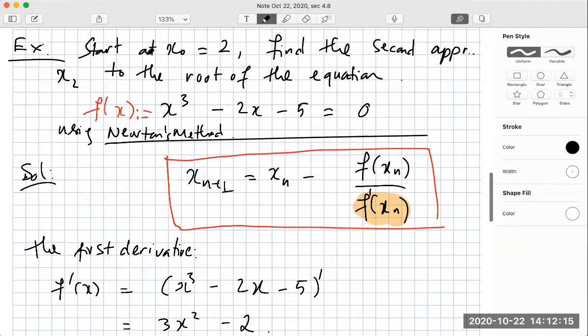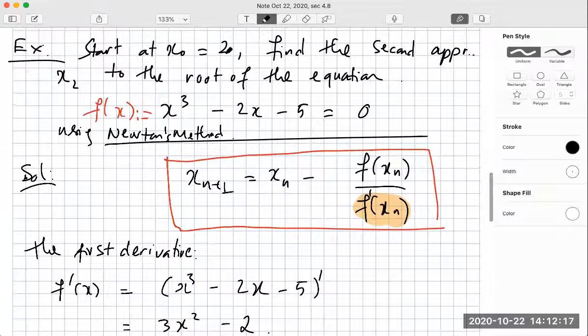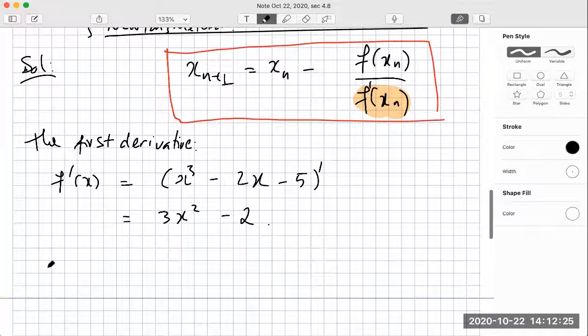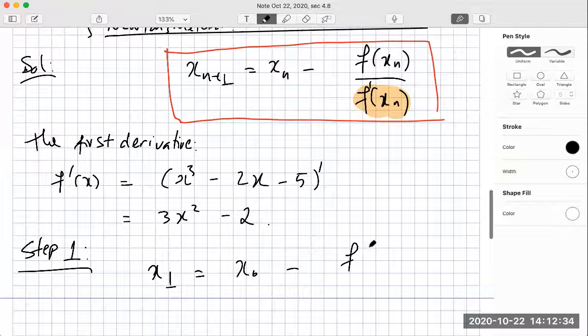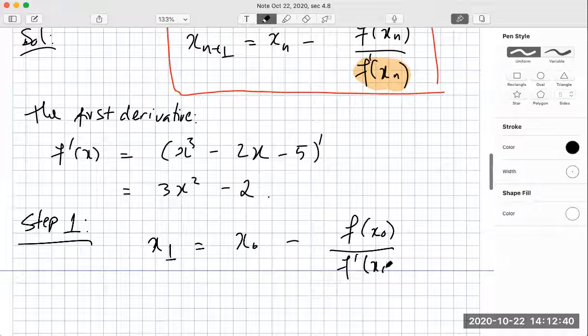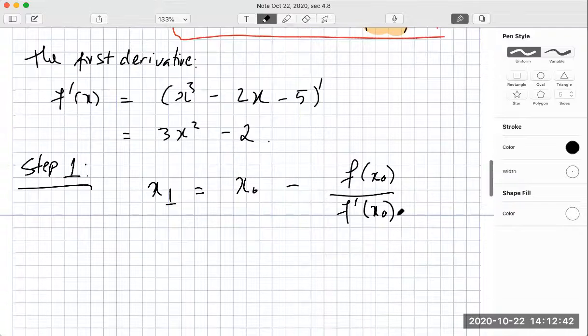So here is the initial guess. The first new step, we call it step 1. x1 will be x0 minus f of x0 over f prime of x0, from this formula.